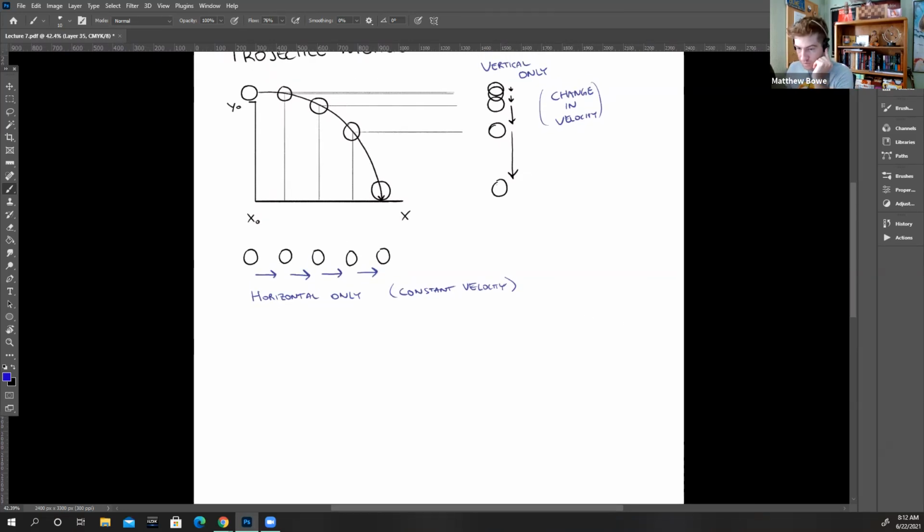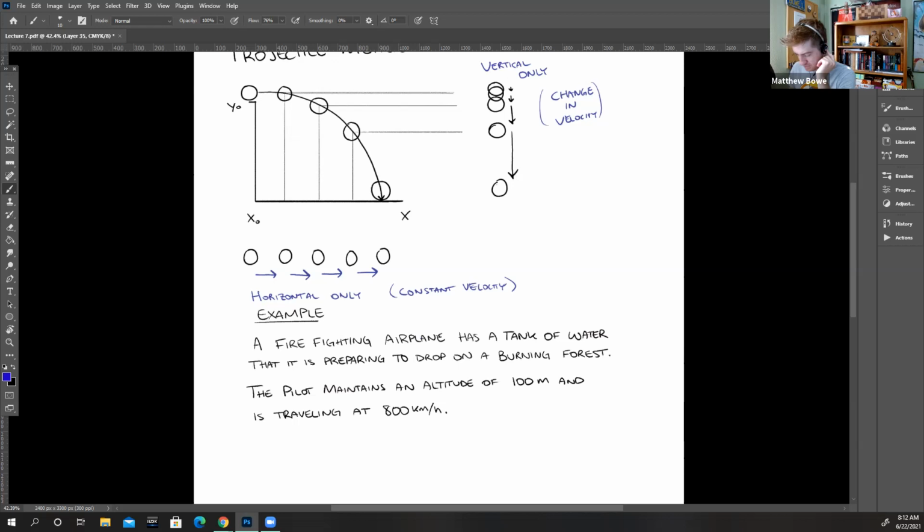Let's move on to a little example, and then we're pretty much done with projectiles. So an example that goes over a similar subject to what I've done above is to think of a firefighting airplane. It's trying to drop a tank of water on a burning forest.